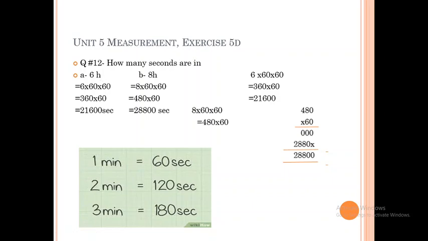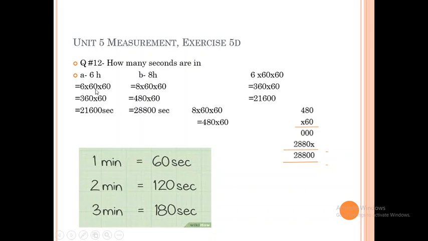So the first multiplication is 6 multiplied by 60. With this multiplication, you will change hours into minutes. Then these minutes again multiply by 60 because 1 minute equal to 60 seconds. This is the conversion factor. So again you will multiply by 60 and then you will get the seconds of these 6 hours.